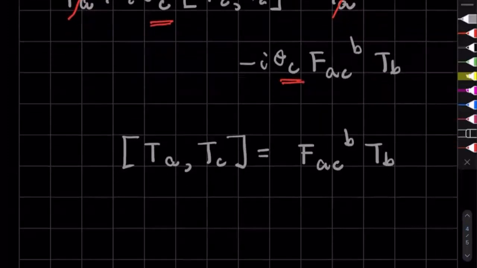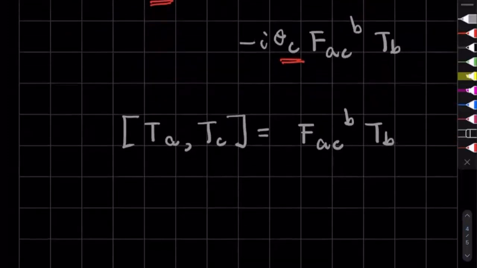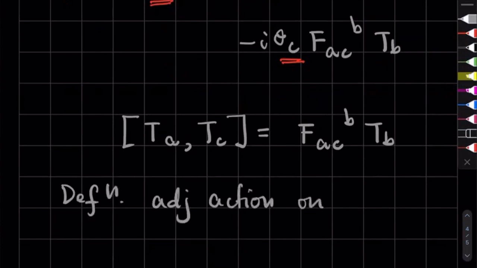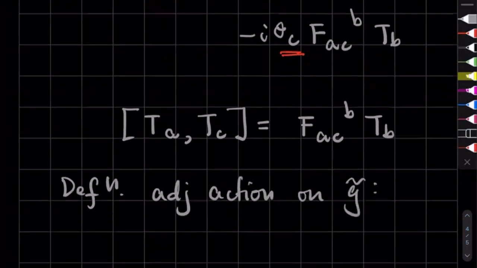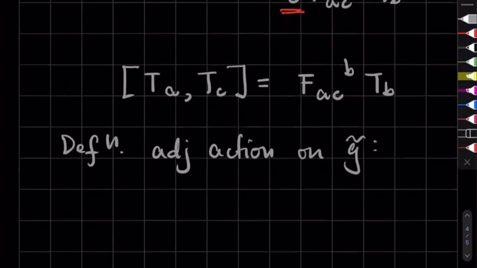So if you want, we can now define another action, adjoint action. So we can define the small adjoint action on G tilde. And so it's an action of the Lie algebra on itself.